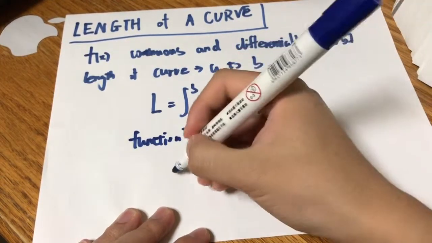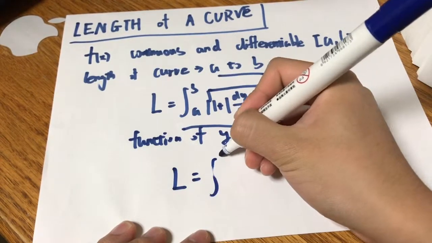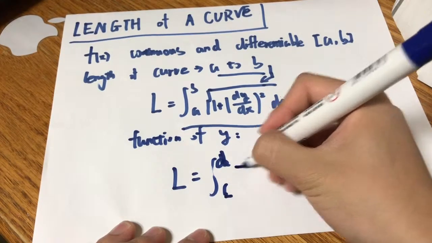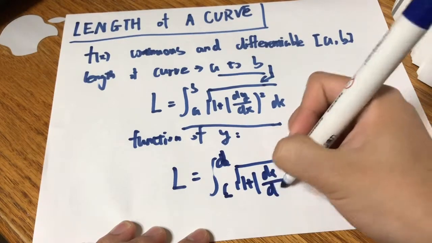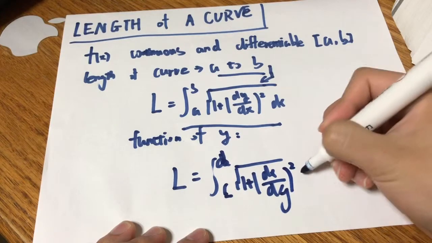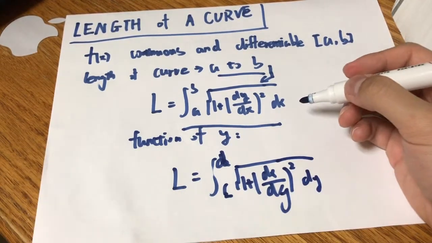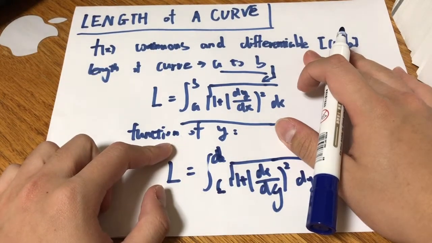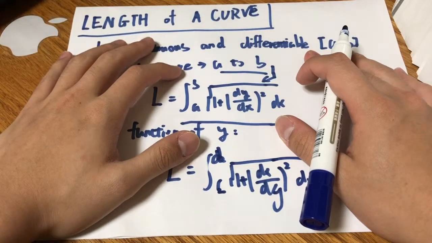If it is a function of y, then the length will be basically the same. The only difference is for this one, you're gonna do the function on y, and for this one, you're gonna do the function on x.